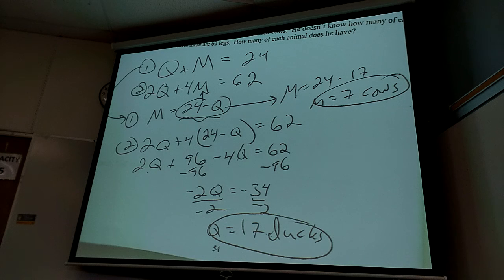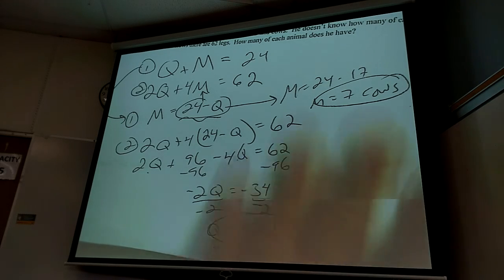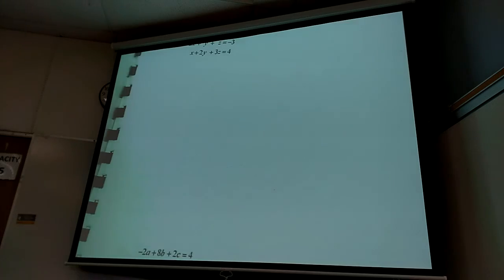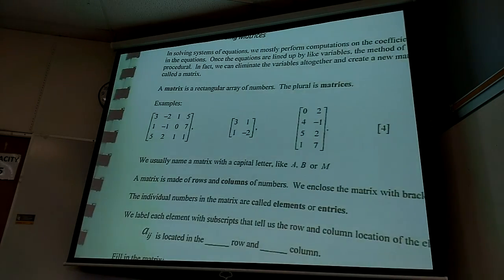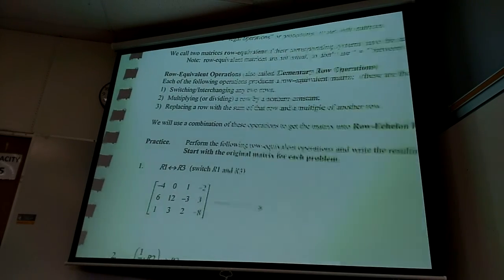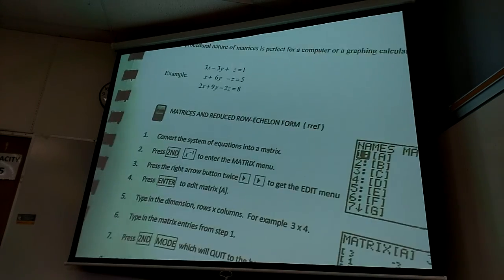Alright, cool. Let's do one with 3 variables and then we'll call it a day. That's section 9-2, that last section you gotta worry about. I don't know why they put it after 9-3.